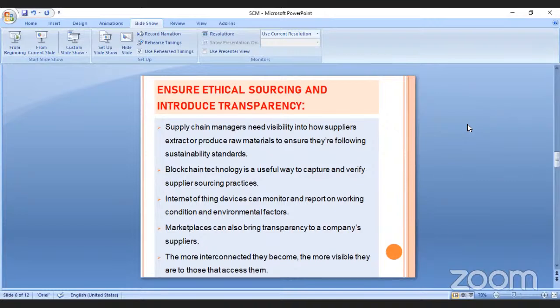Internet of Things devices can monitor and report on working conditions and environmental factors. Marketplaces can also provide transparency to a company's suppliers. The more interconnected they become, the more visible they are to those that access them.